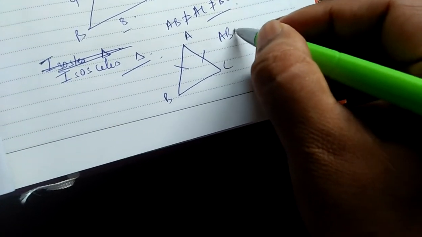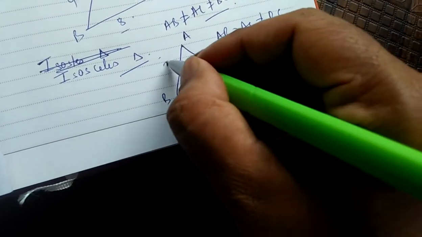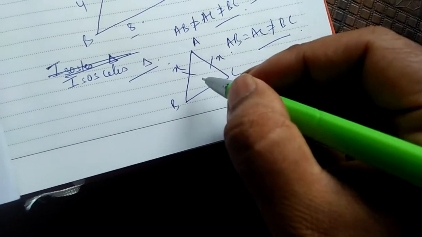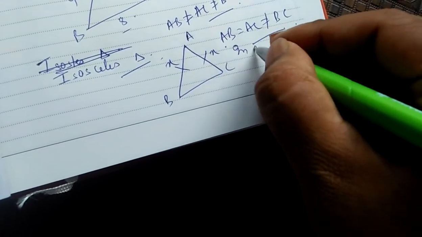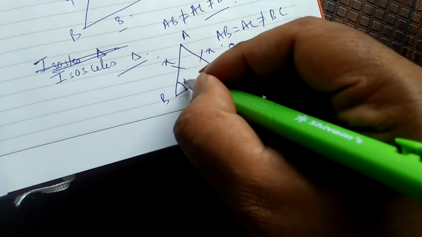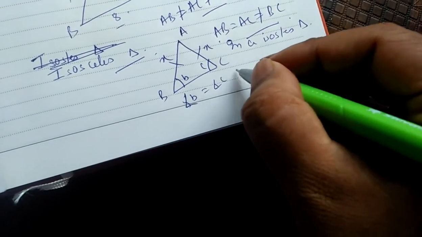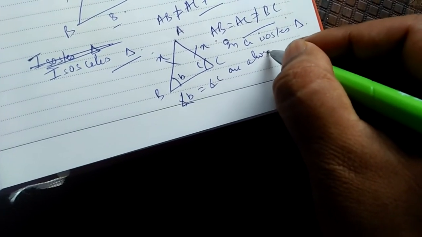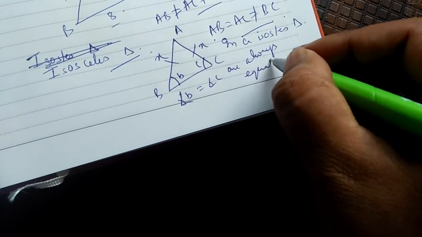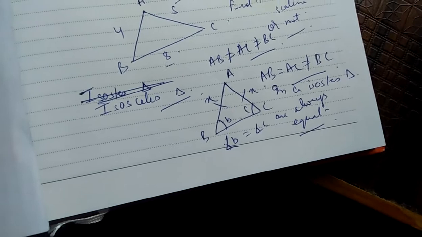AB is equal to AC, which is not equal to BC. If this length is x, this length is also x. In an isosceles triangle, angle B and angle C are always equal. In an isosceles triangle, two angles are equal.